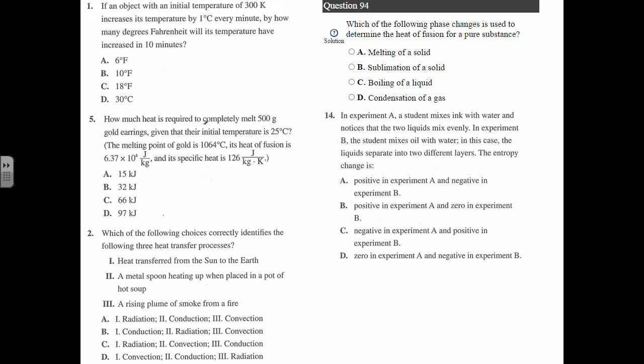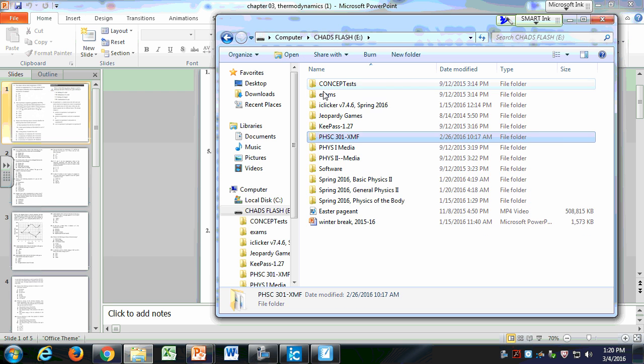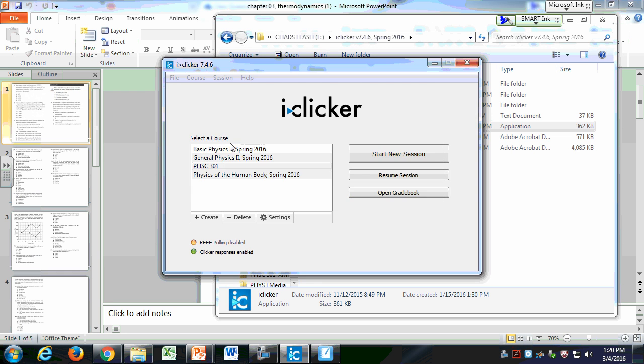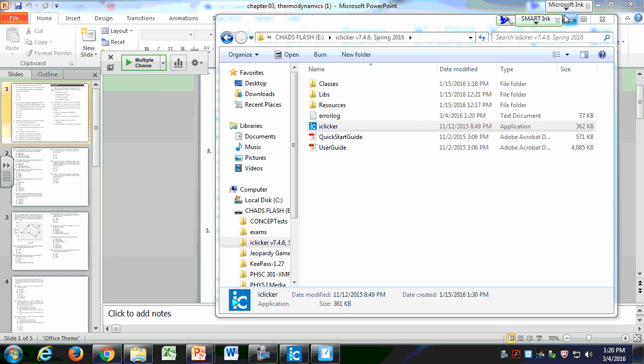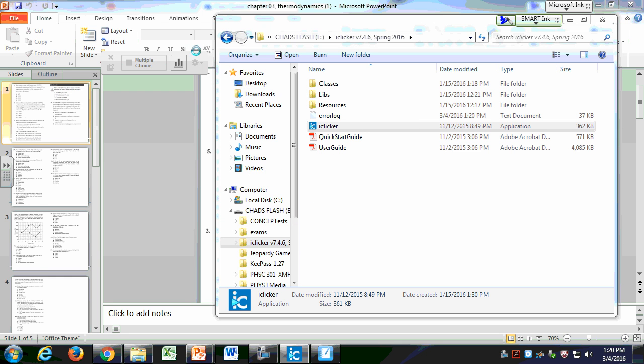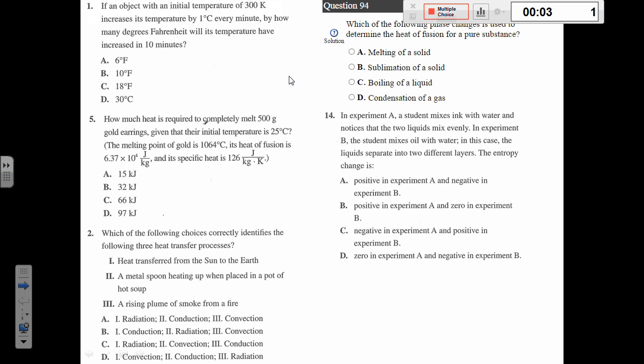All right, let's try this first one. It's an object with an initial temperature of 300, increases by 1 degree Celsius every minute.